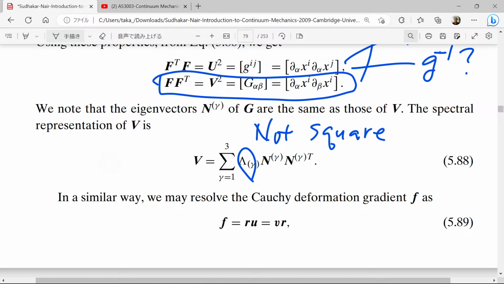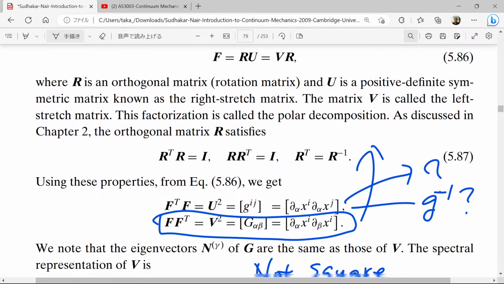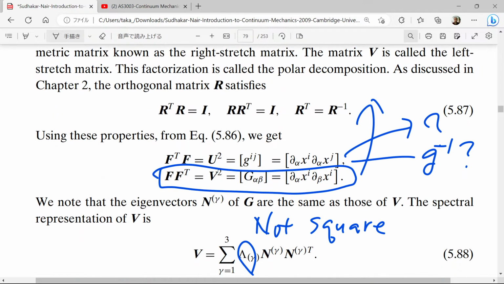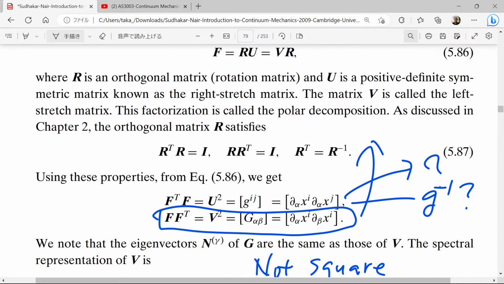I'm not so sure, but how come F? Because of this V. V is symmetric, right?